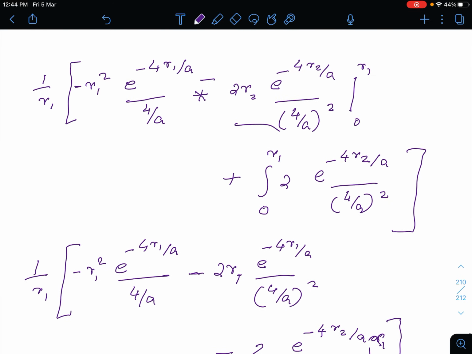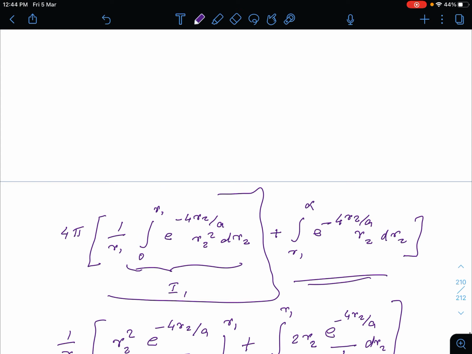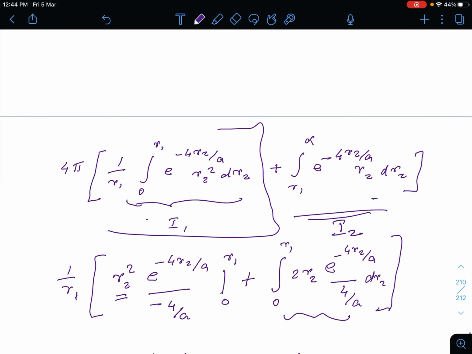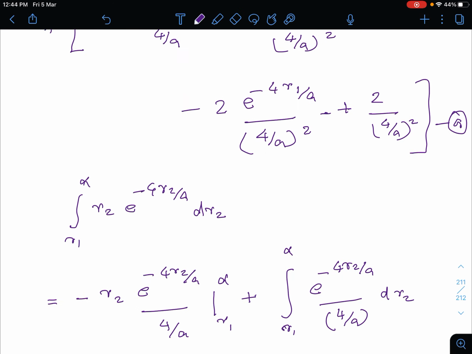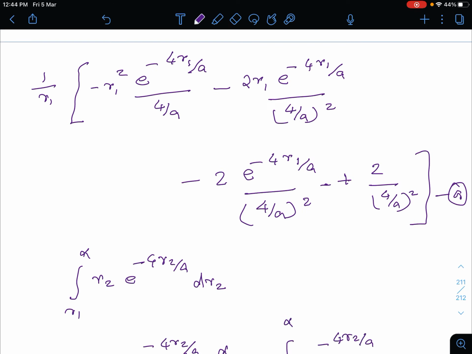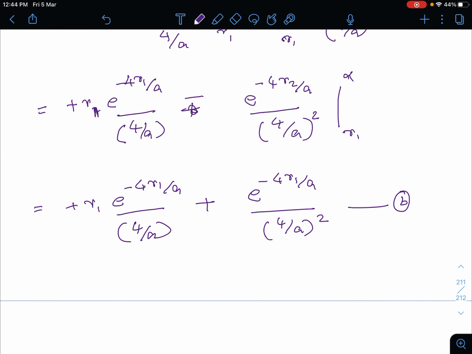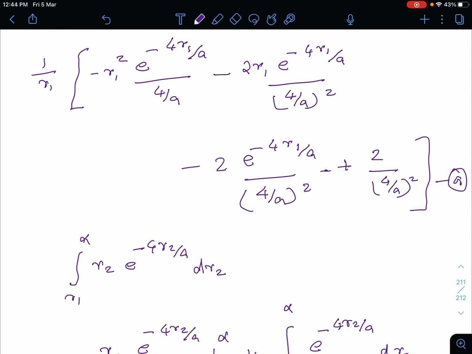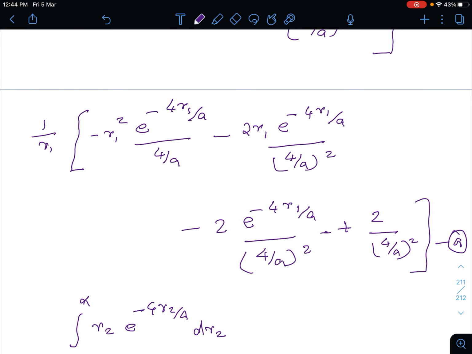So we have divided this into two parts, I1 and I2, and we have calculated the two parts. The first part, equation number A, is here, and the second part, B, is here. When I calculate equation A, you have 1 by R1 outside.